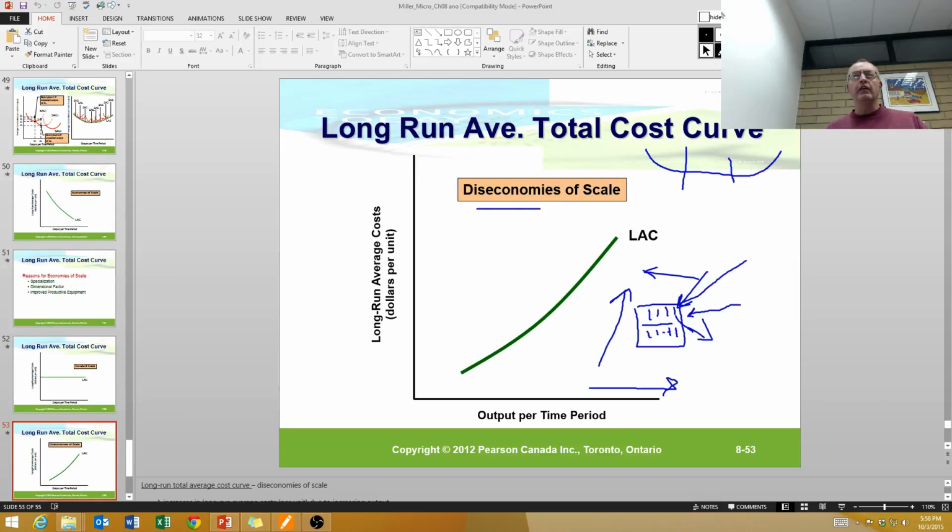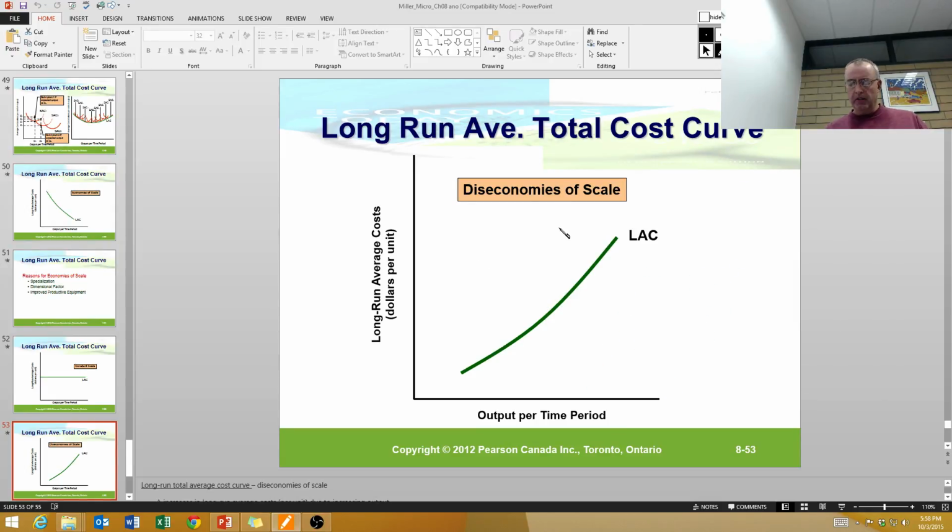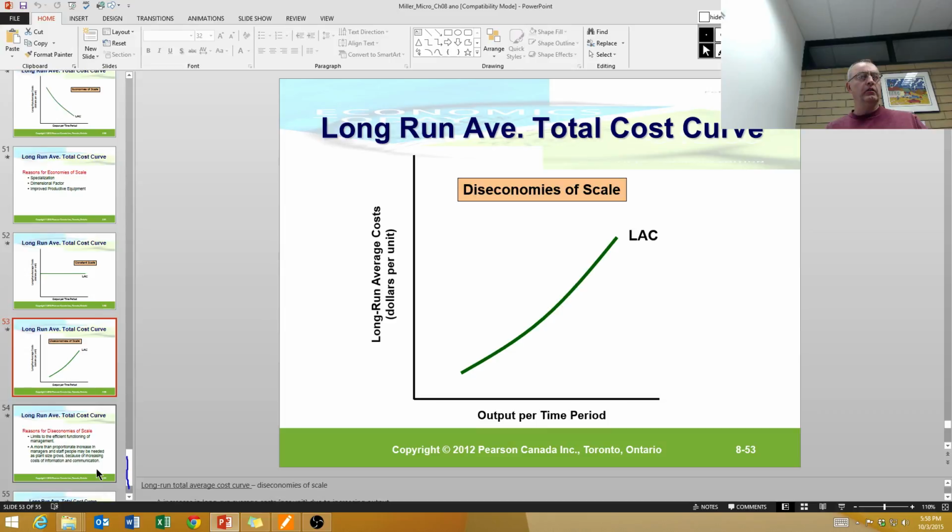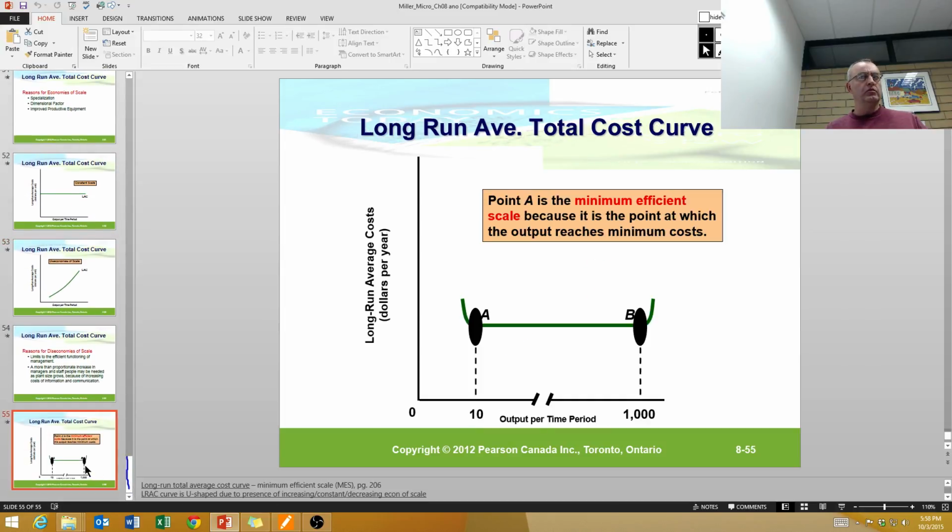Okay, and then the final little section deals with the so-called minimum efficient scale. So we have to go backwards here. So here's our long-run average cost curve.